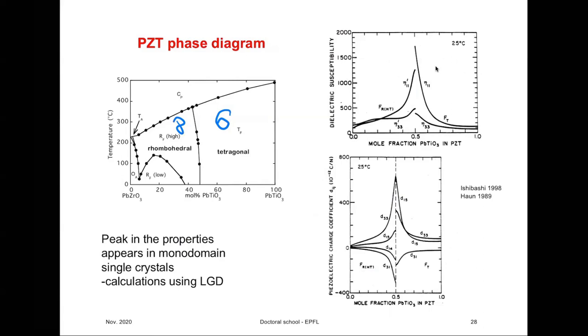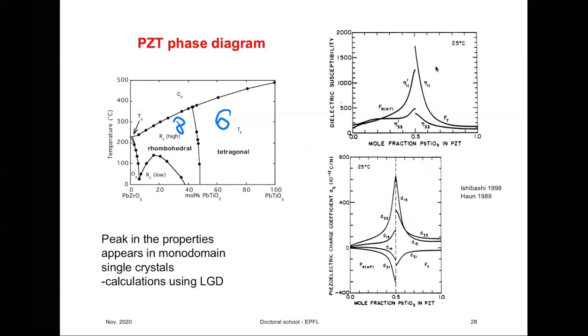And if they are not very different, that means that even with relatively weak fields, we can go from one phase to another, or we can rotate polarization from tetragonal equilibrium directions into rhombohedral equilibrium directions.